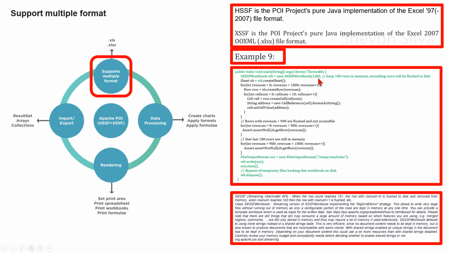To keep 100 rows in memory, exceeding rows will be flushed to the disk. Rows with row number less than 900 are flushed and not accessible.